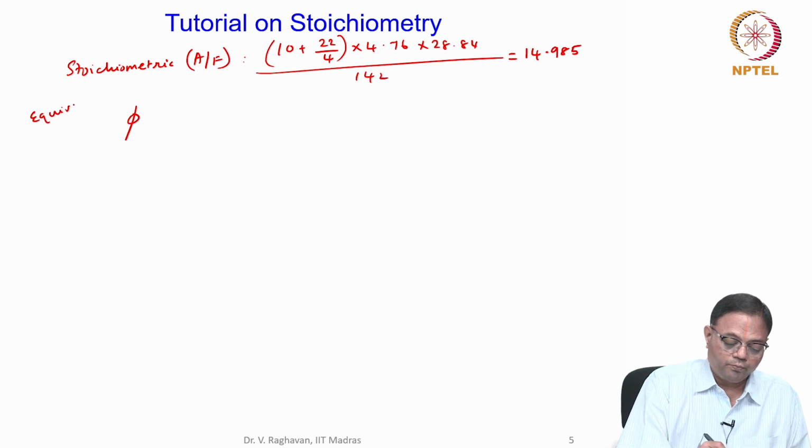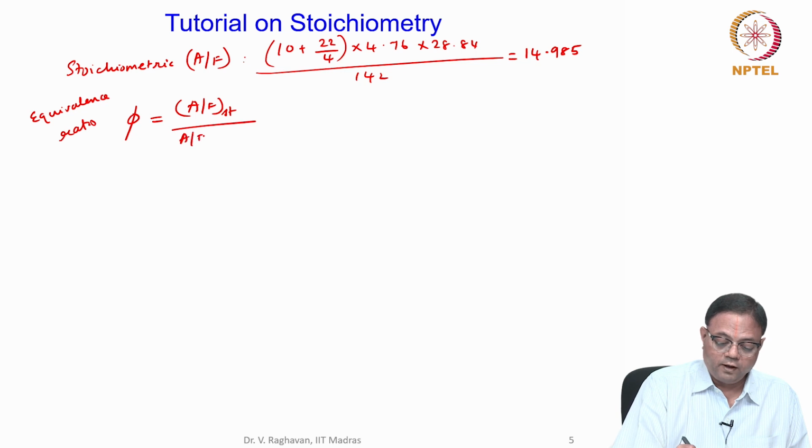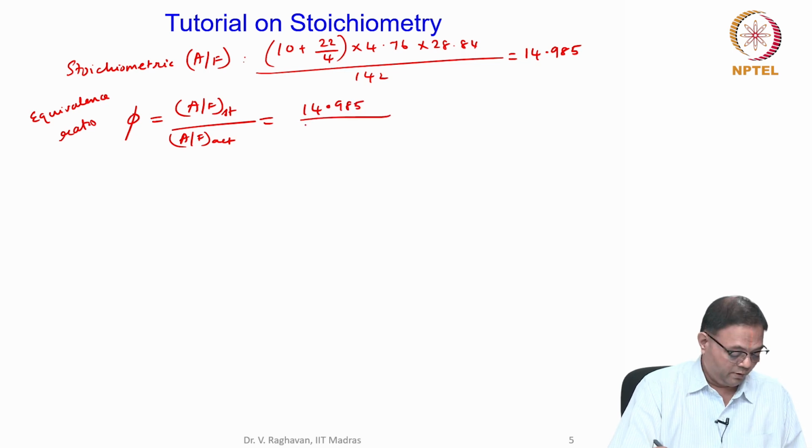Equivalence ratio is equal to air fuel ratio stoichiometric divided by air fuel ratio actual, that is equal to 14.985 divided by 18.726, equal to 0.8.